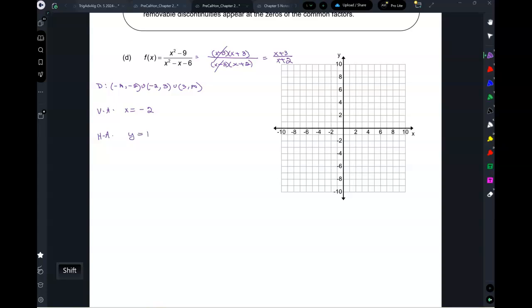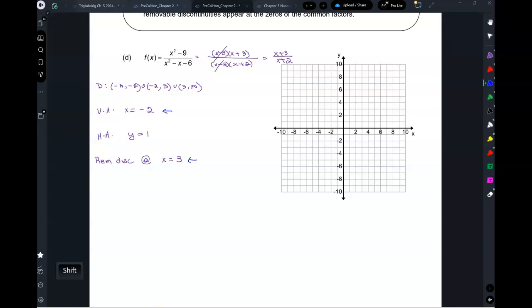Remember, you look at the original function. Okay. Removable discontinuity at x equals 3. Now, I cannot stress this enough. The function is undefined at both of these points. At one of them, there is an infinite discontinuity, a vertical asymptote. At one of them, there is a removable discontinuity.